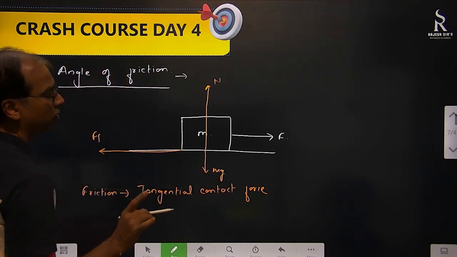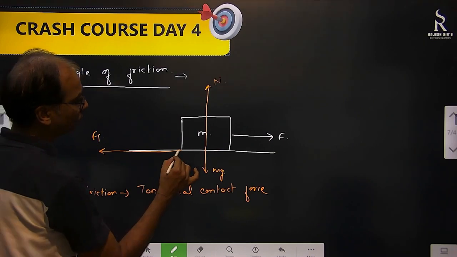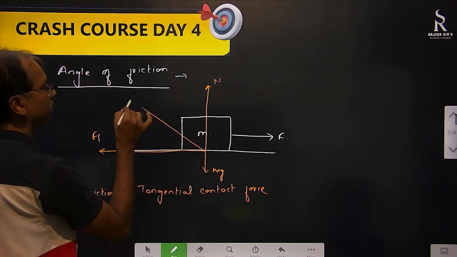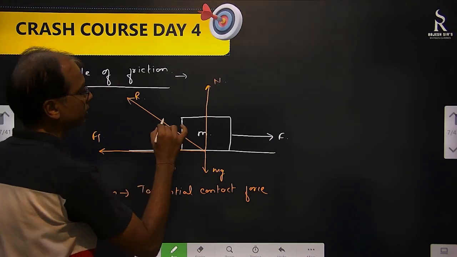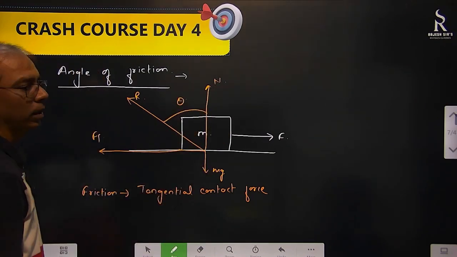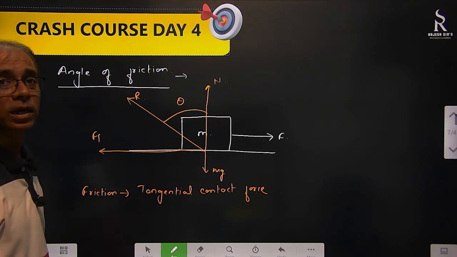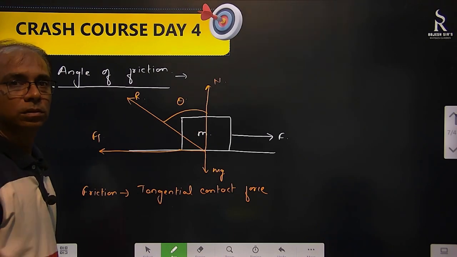So two types of contact forces are there, one is normal and one is tangential. So resultant contact force will be here, that's R. So angle of friction is this, suppose theta. Angle of friction is theta, that means angle between normal contact force and resultant contact force. Correct?